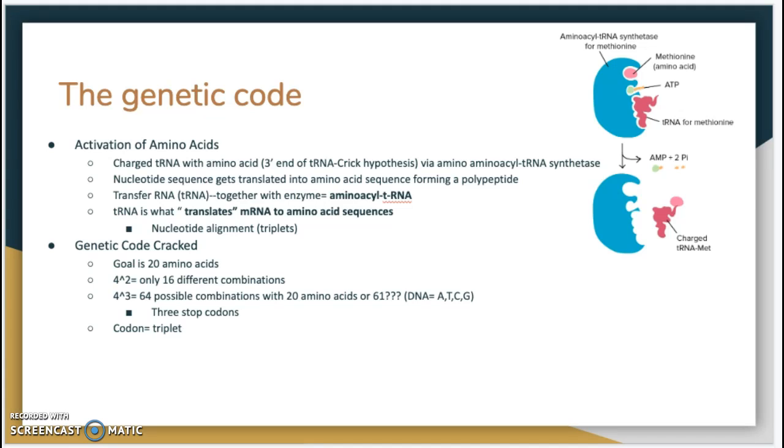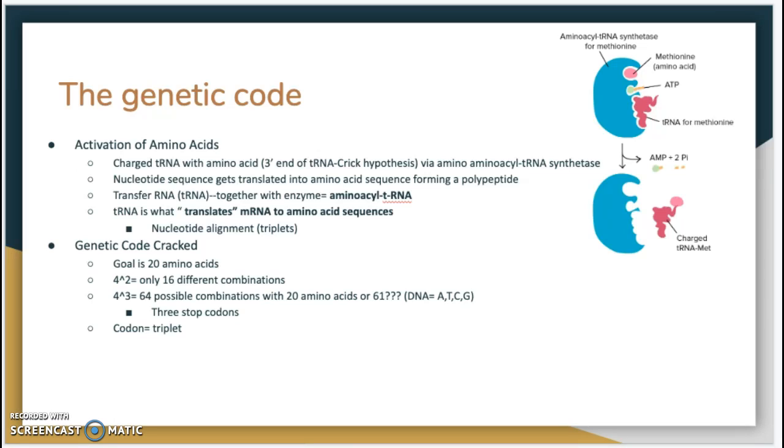Essentially, tRNA, or transfer RNA, takes an amino acid to the ribosome so that it can form the polypeptide chain that is templated by the mRNA, and those two will coordinate, and therefore you will generate your polypeptide.